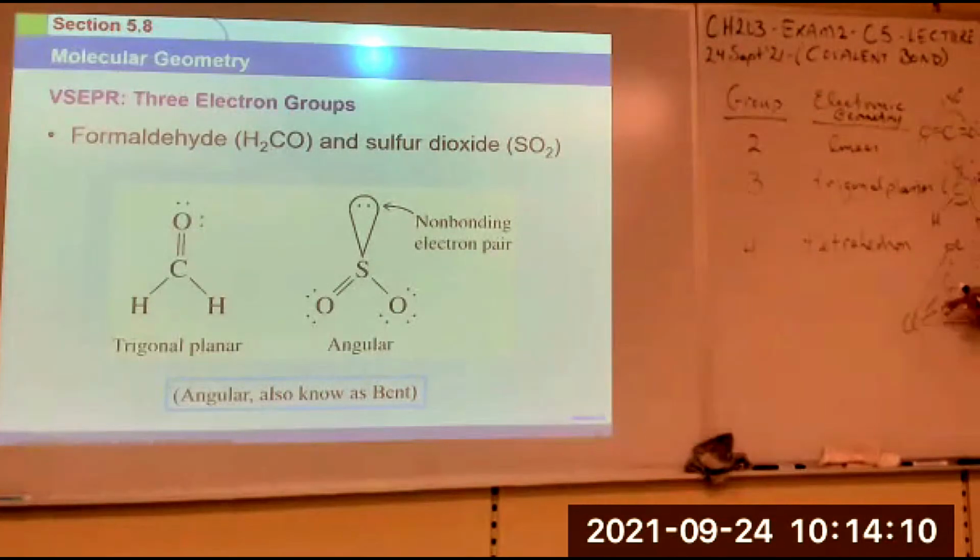2, 4, 6, 8. Now, the edges of those regular shapes, like this triangle, those are not bonds. Those define the shape of the molecule. The trigonal planar defines the shape, not the bonds. The bonds are still between the atoms, right here, here, there, and there.